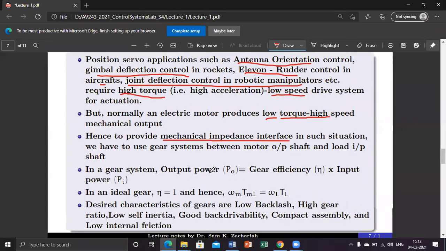And the most important parameter of the gear is the gear efficiency. If gear efficiency is equal to 1, the input mechanical power PI will be the same as the output mechanical power, but definitely there will be friction losses at the teeth of these gears which are getting engaged.